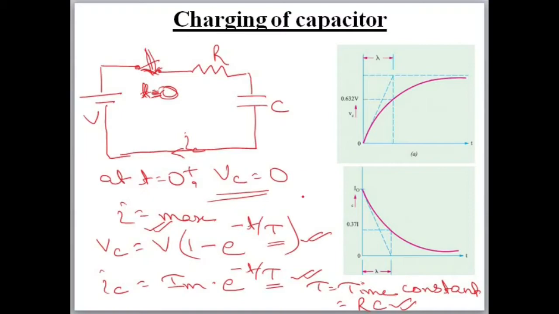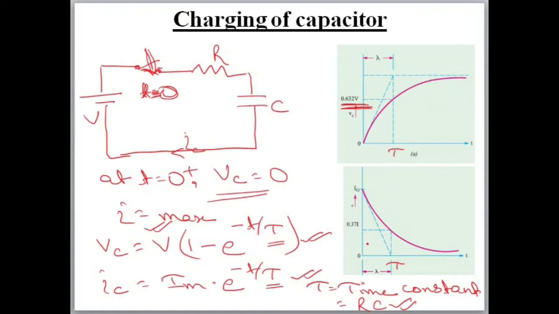This time constant, how is it defined? You can see this point is called T. Here also this point is called T. They have been denoted by lambda; lambda also you can denote. What is the definition of T? Whenever the charging voltage reaches 0.632, it means 63.2% of the total voltage, that point is called the time constant.